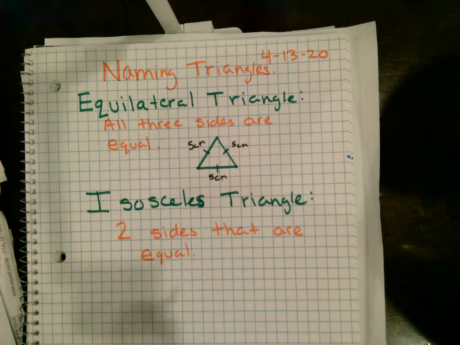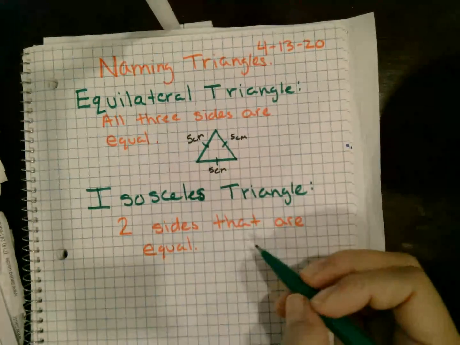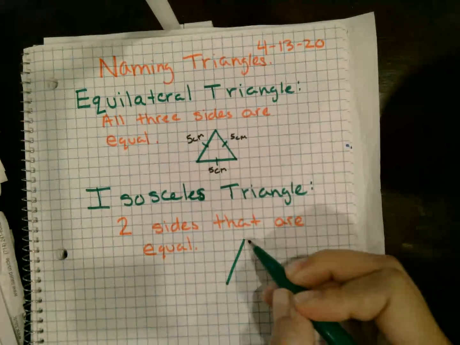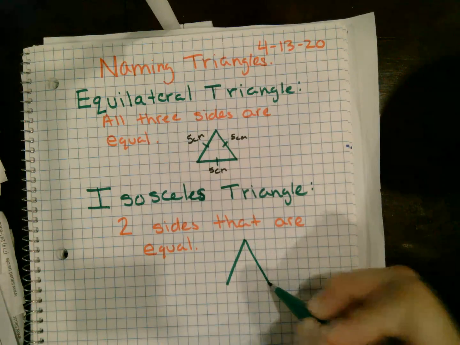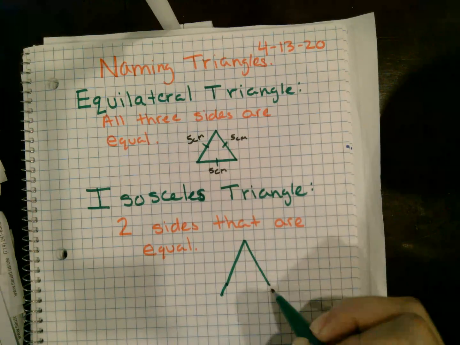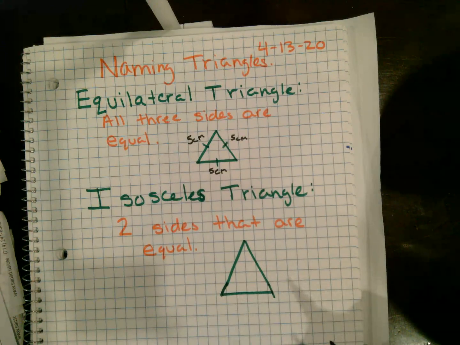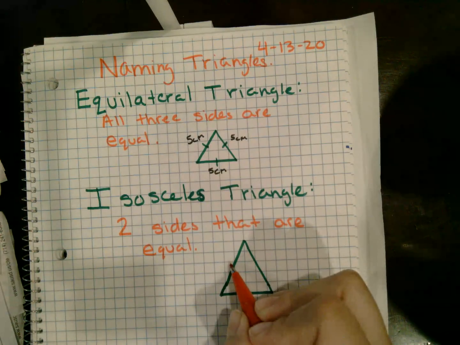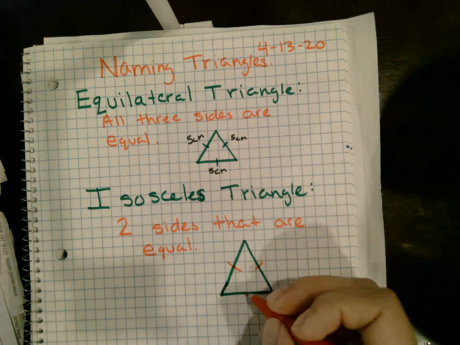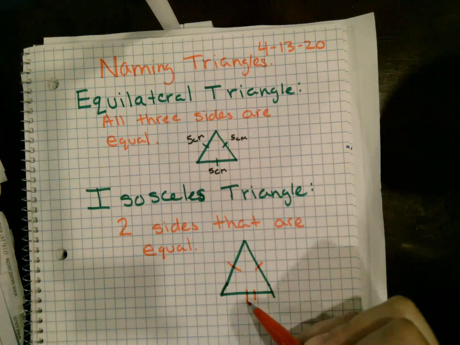So I like to think about this one as like a Christmas tree. In this Christmas tree example, these two sides are equal, but this one's different. You see how this one has two ticks?